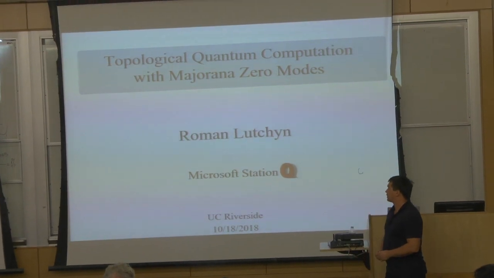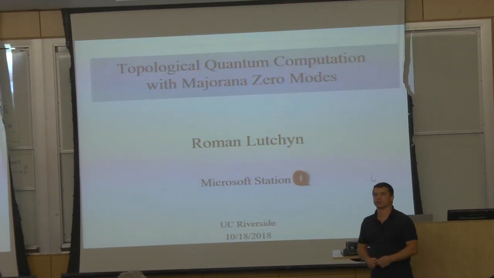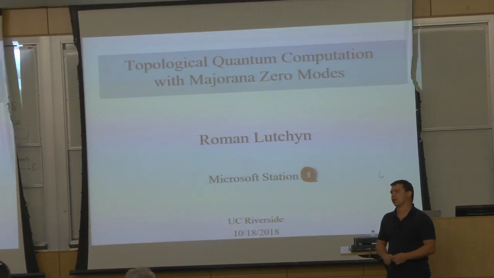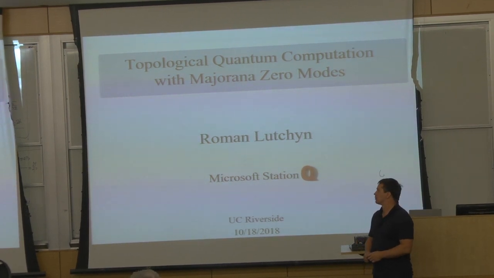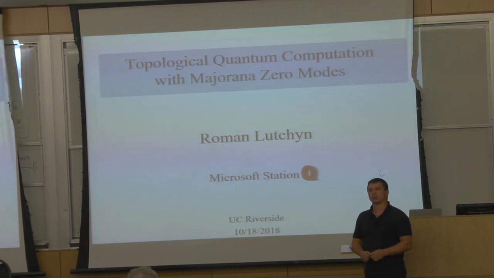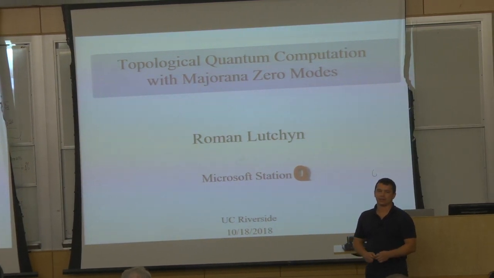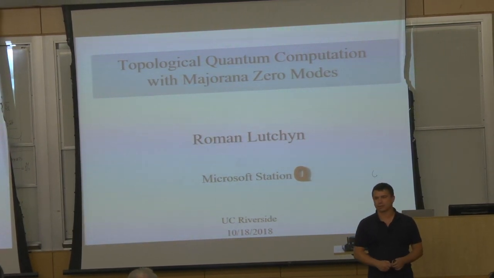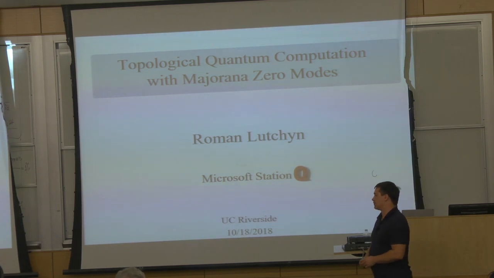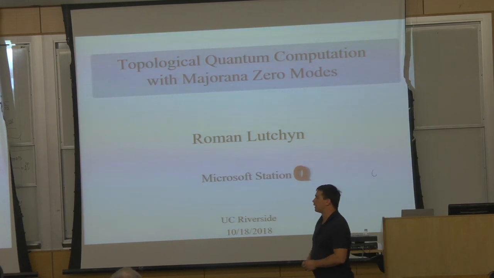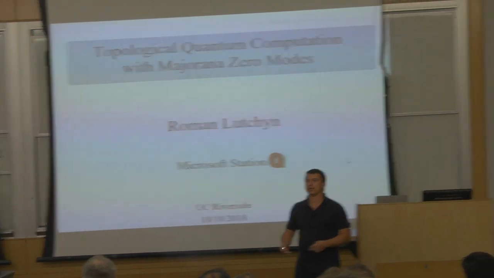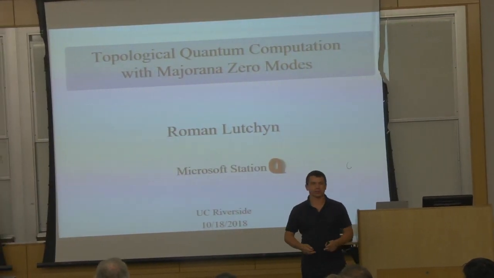In particular, the approach that we take to building quantum computers is through this topological approach, which is the idea that we want to build qubits that are protected at the fundamental level by laws of physics rather than by using computational error correction.